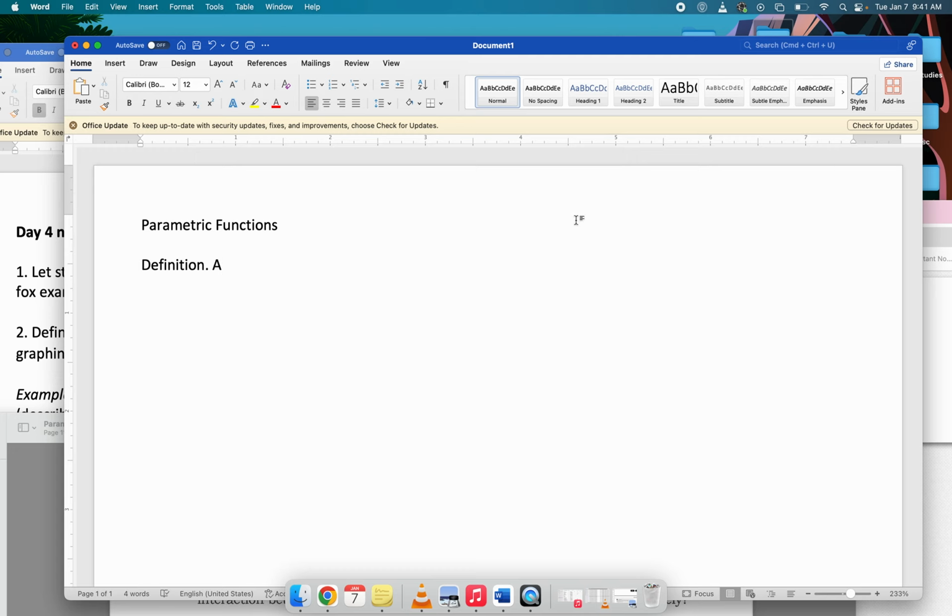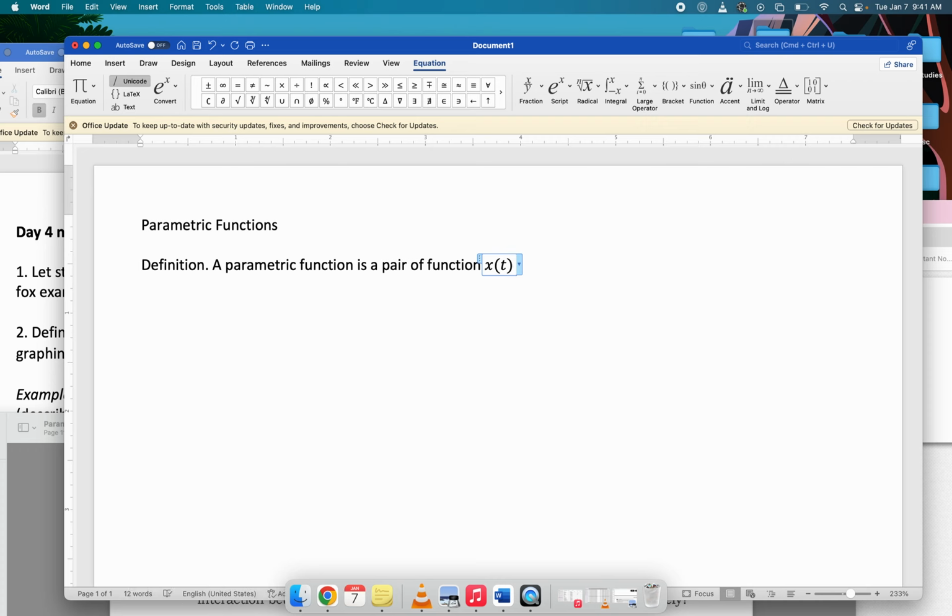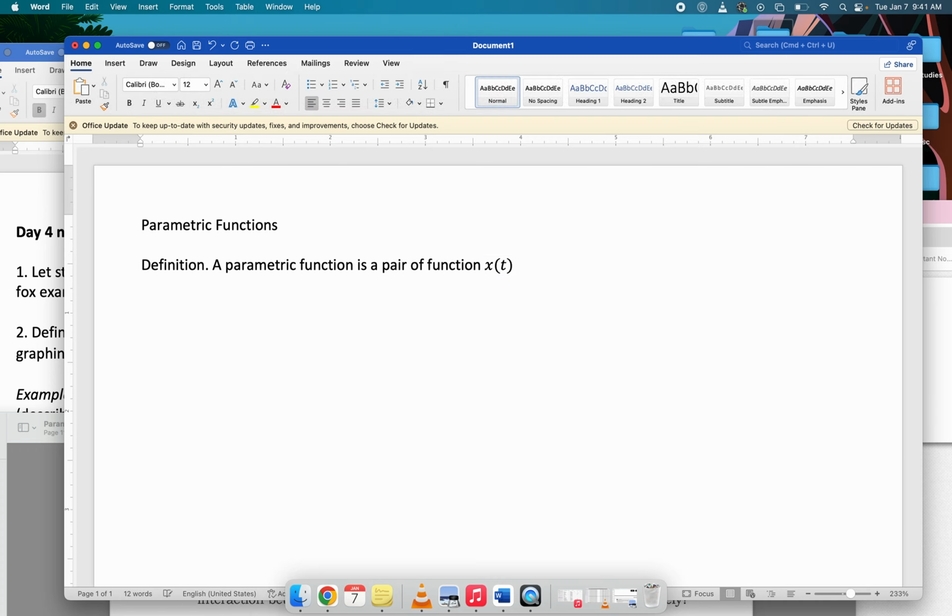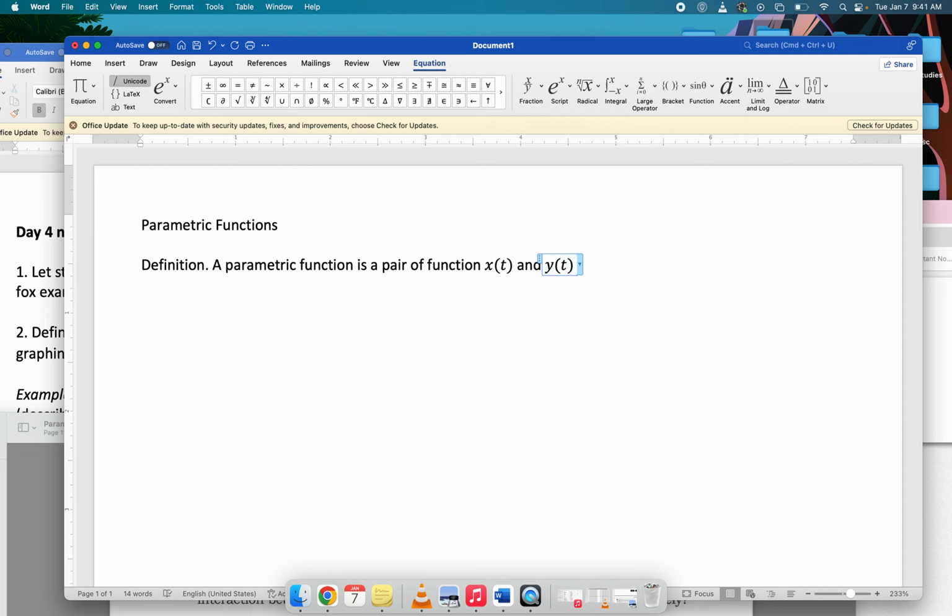A parametric function is a pair of functions. One of them we'll call x of t, and the other one we'll call y of t.